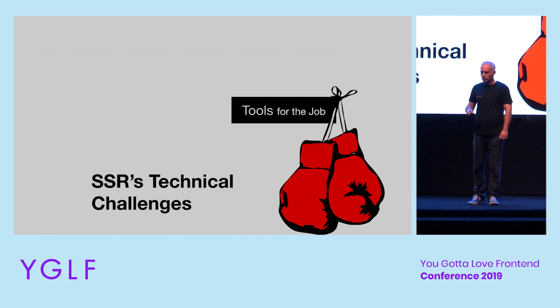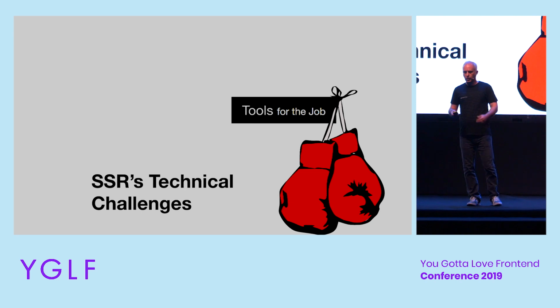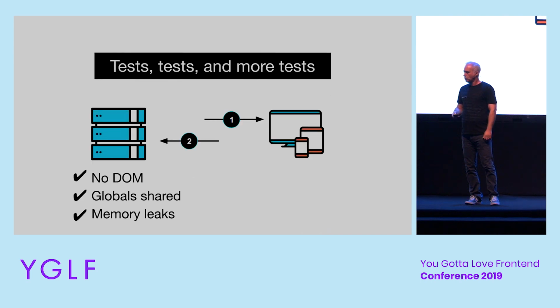So in coming to grips with all these technical challenges, we really had to consider the processes and the tools that we use. One of the most significant differences between the successful SSR project and the ones that failed was that we went with a test-first approach.